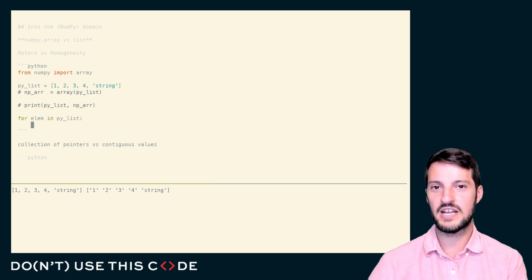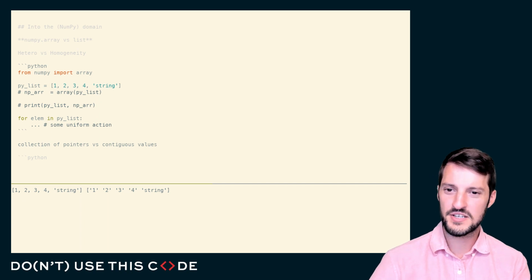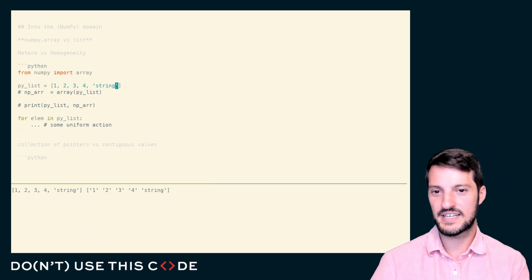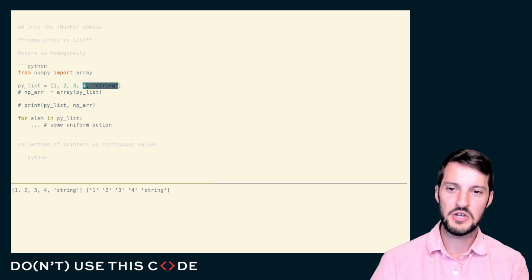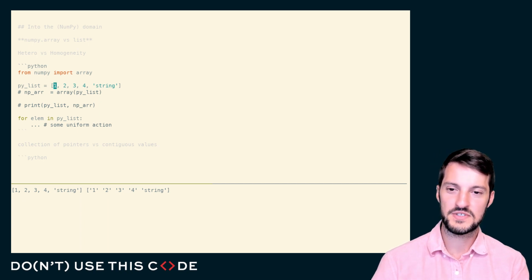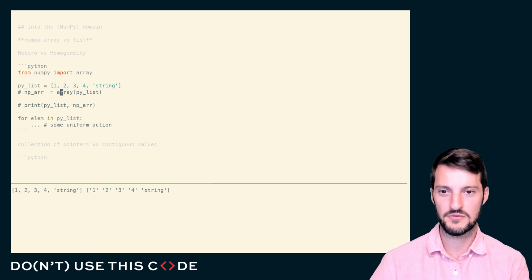And when I'm iterating it, I'm probably going to perform some uniform action on all of my elements. And so we start to realize that although it can contain differently typed objects, we don't usually use the list for this purpose. We usually use it for data structures of similar types, not necessarily the exact same, but definitely not extravagantly different.